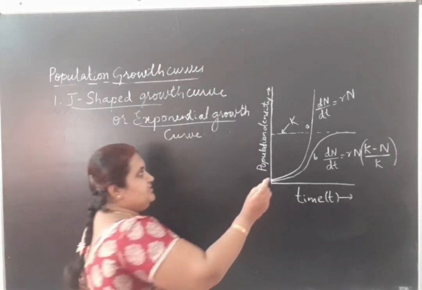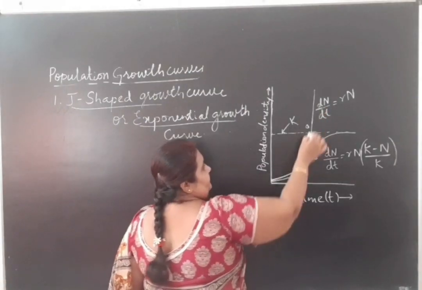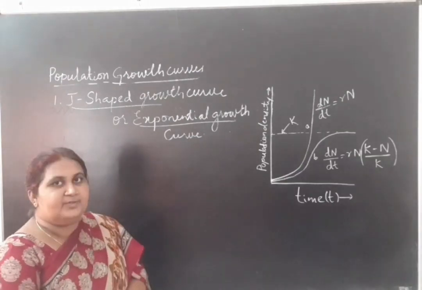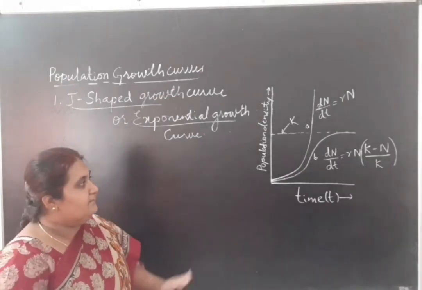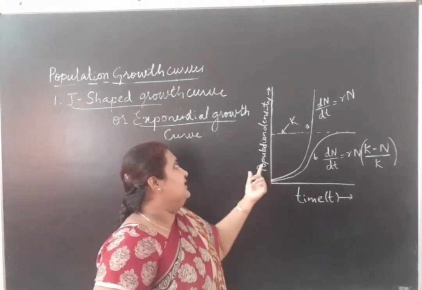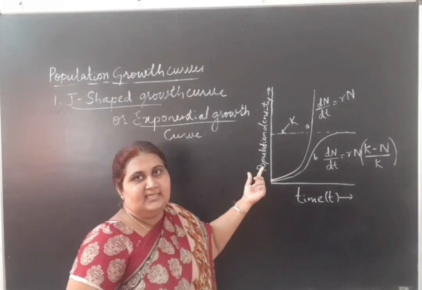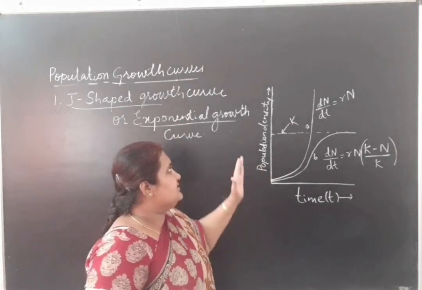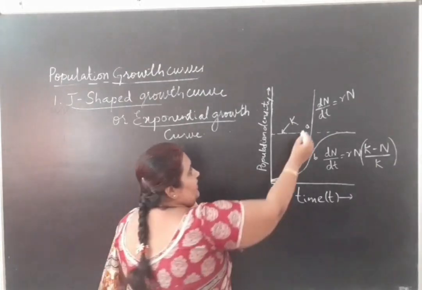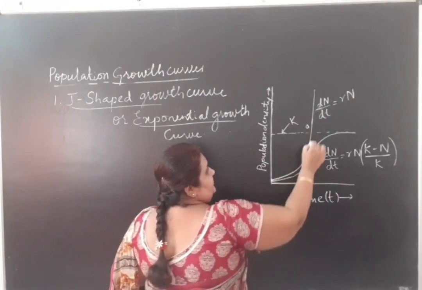You can see here this A. The J-shaped or S-shaped growth curve can be studied by a graph taking time on the x-axis and population density on the y-axis. So this A is the J shape.